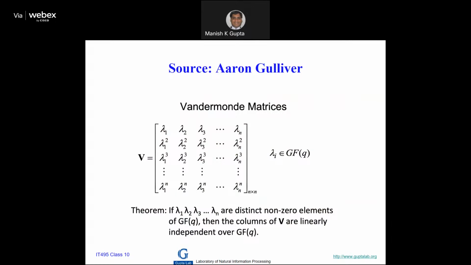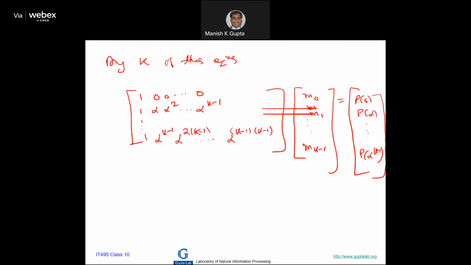Now, what lambda i should I choose so that I get the matrix that I am using at our place now? At our place also it is something like this, you see: alpha, alpha square, then powers and so on, finally alpha raised to power k minus 1.